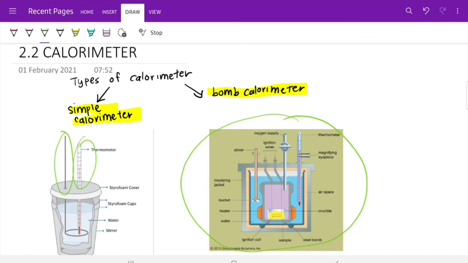The bomb calorimeter has a specific value of heat capacity, which can be written as Ccal. You cannot ignore the heat capacity of the calorimeter, and it should be included in the heat calculation.